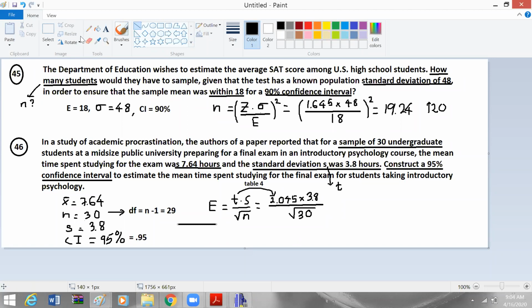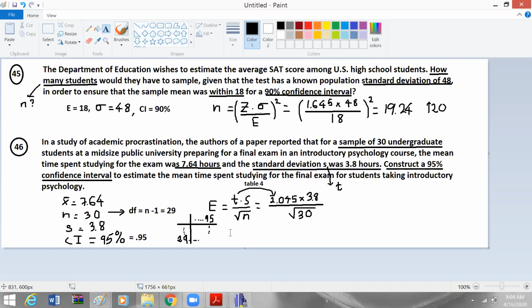Again, when you look at the chart for the t, we have to go to 29. This is what we found on the chart. We go all the way down to 29, and then you look at 0.95, and we take the intersection between these two.